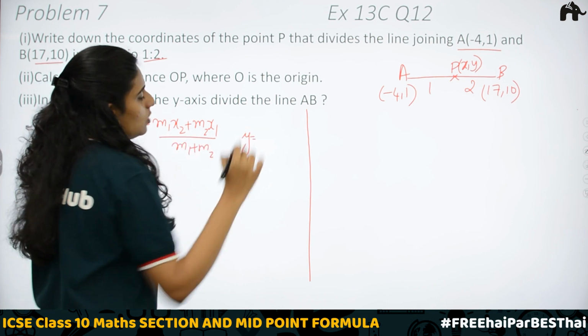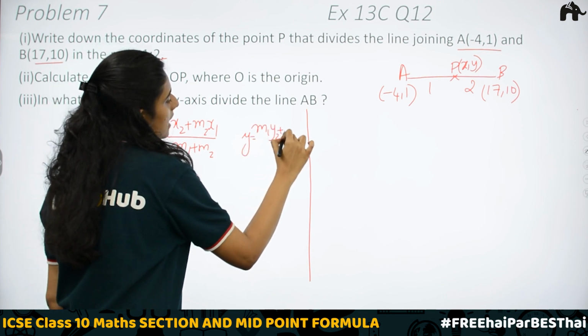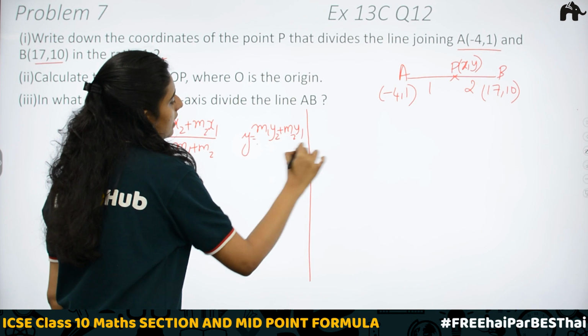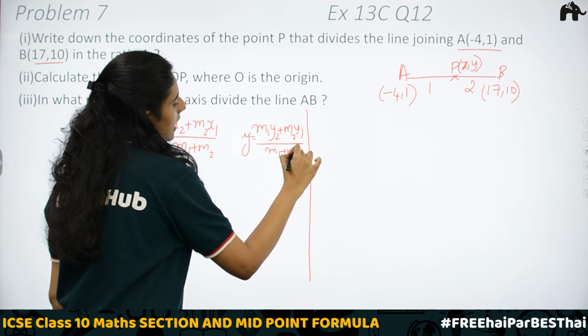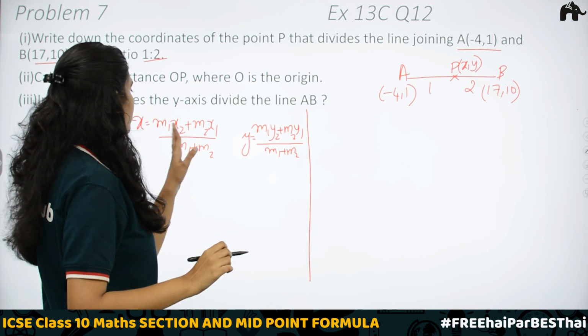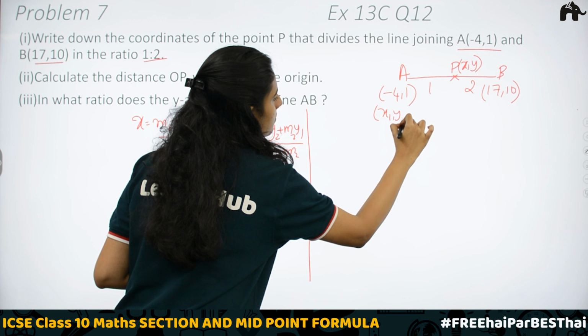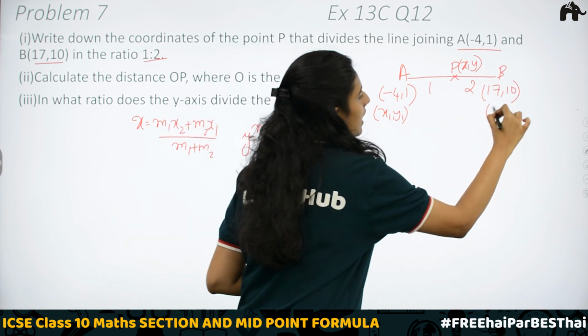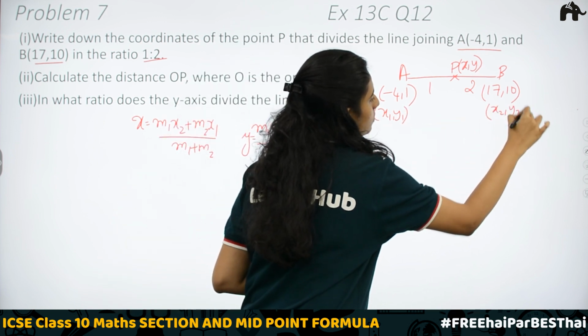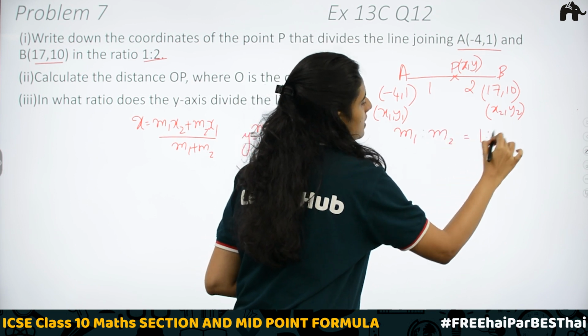And y is equal to m1 y2 plus m2 y1 divided by m1 plus m2. Now, here we have x1, y1. This is x1, y1 and this is x2, y2. m1 is to m2 is equal to 1 is to 2.